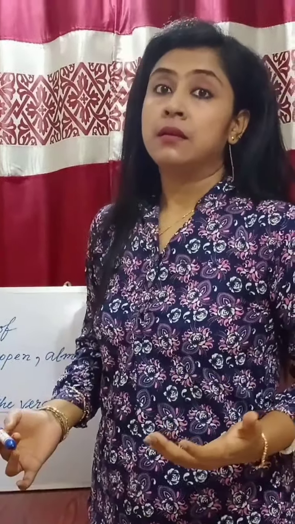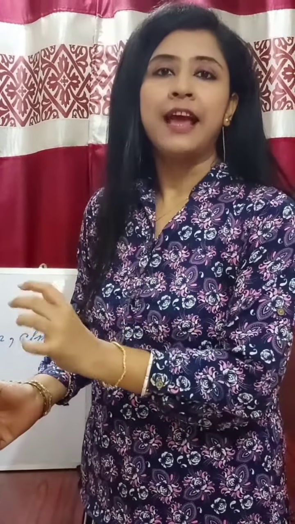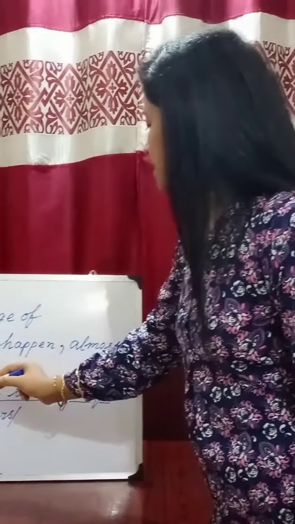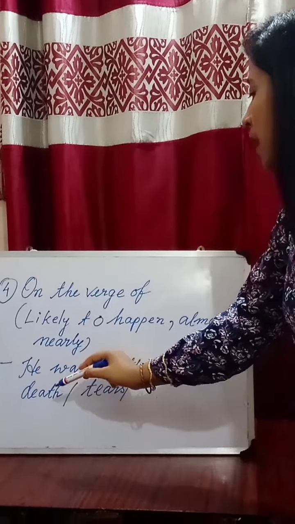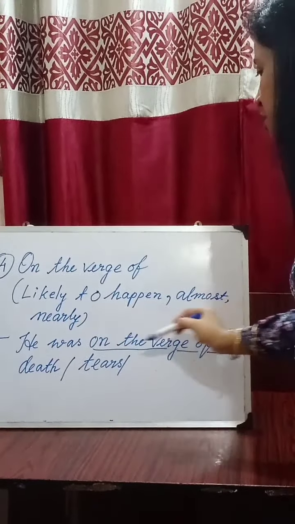Assume that somebody has been suffering from an acute problem and he or she hasn't got proper treatment for the disease. So what is going to happen? He or she will go on the verge of death. Some person was suffering from an acute problem for a long time, so he was on the verge of death.